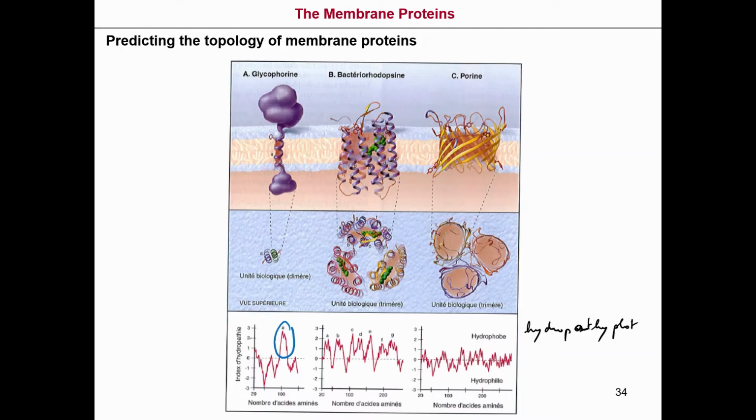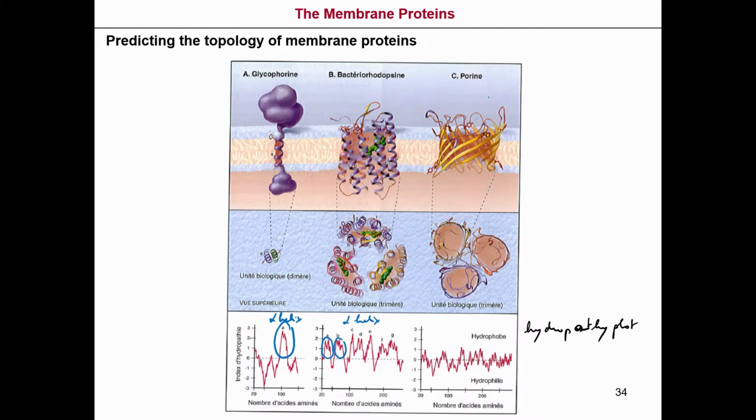Here you have for glycophorin only one alpha helix. For the other protein, you have A, B, C, and D: 1, 2, 3, 4, 5, 6, 7. You will see that you have 7 alpha helices. So that's why you have 7 alpha helices in the bacteriorhodopsin.